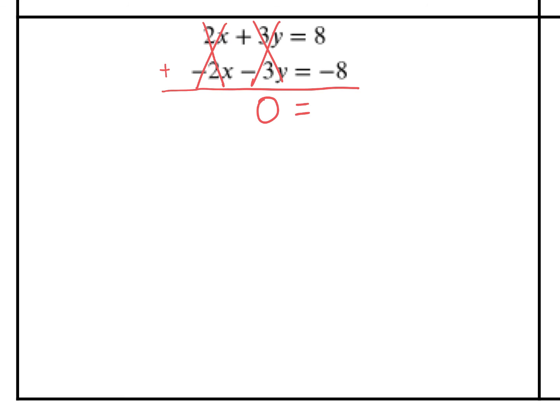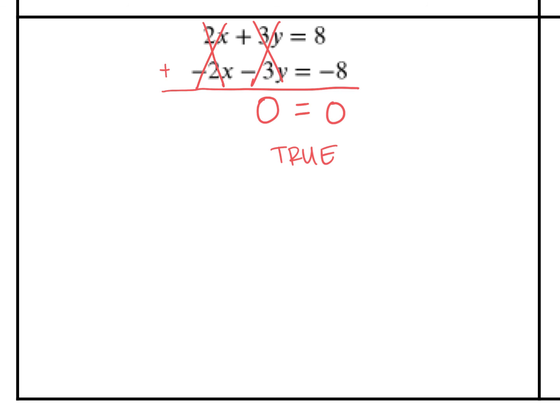Both variables have canceled out. Then if we look at the constant, 8 plus negative 8, which is 8 minus 8, is 0 as well. So what's happened here is our variables have canceled out. But notice that we still have a true statement here. It is true that 0 equals 0.